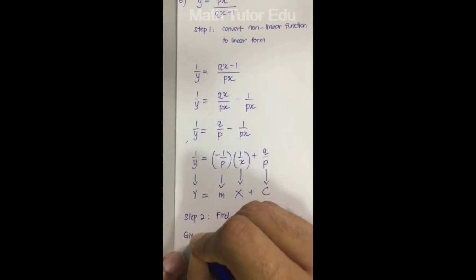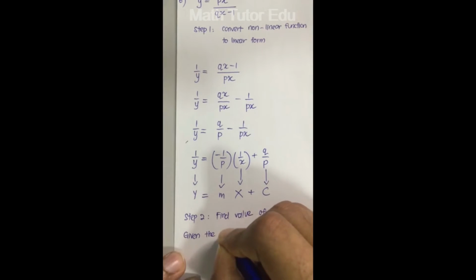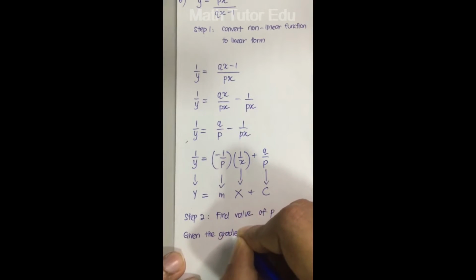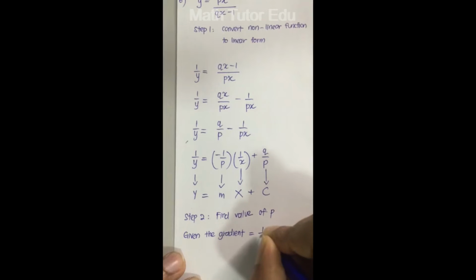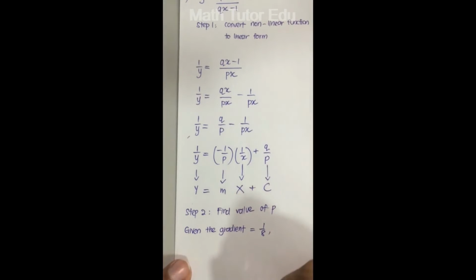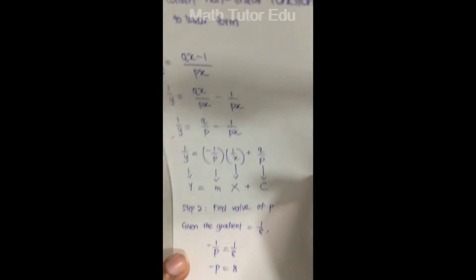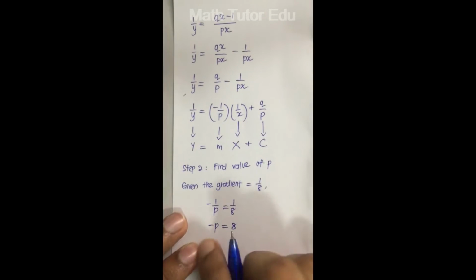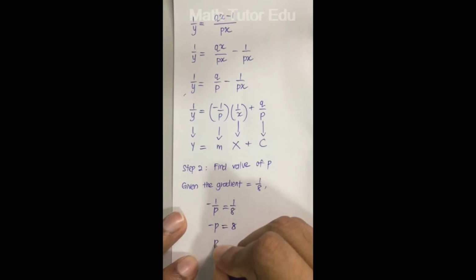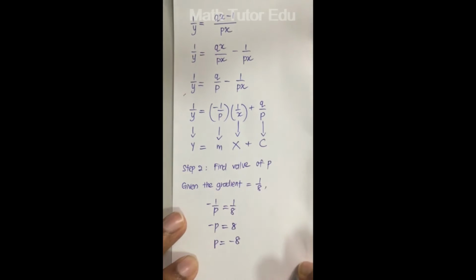Given the gradient equals 1 over 8, we do the comparison. Negative 1 over p equals 1 over 8, so you get negative p equals 8, and then you solve this, you should get p equals negative 8.